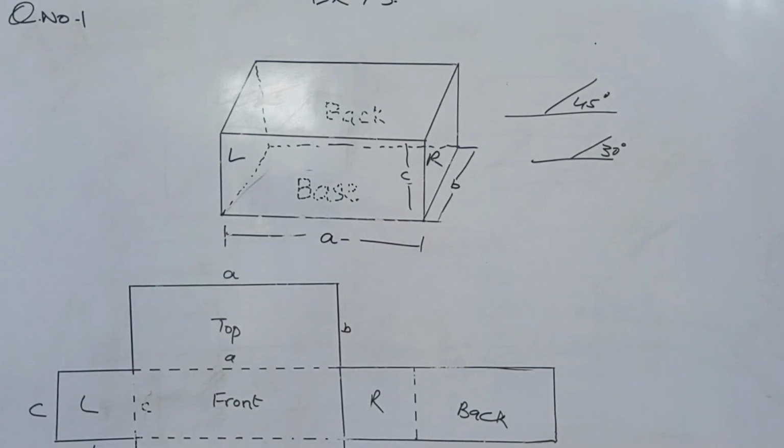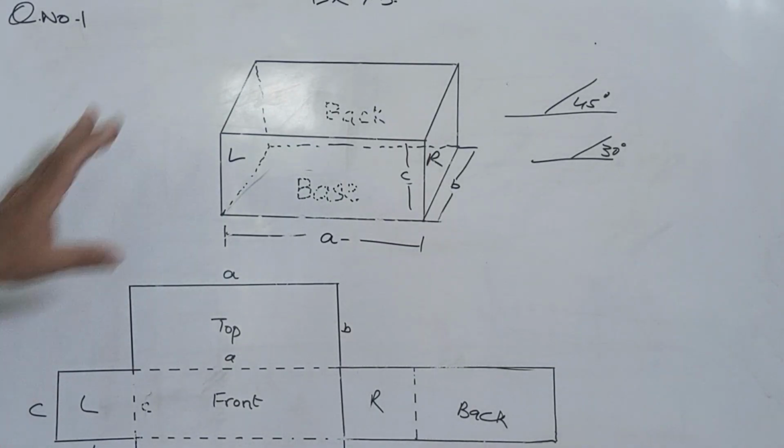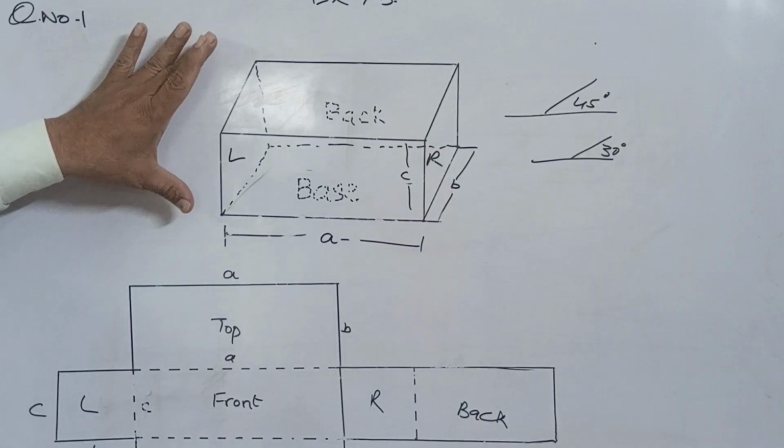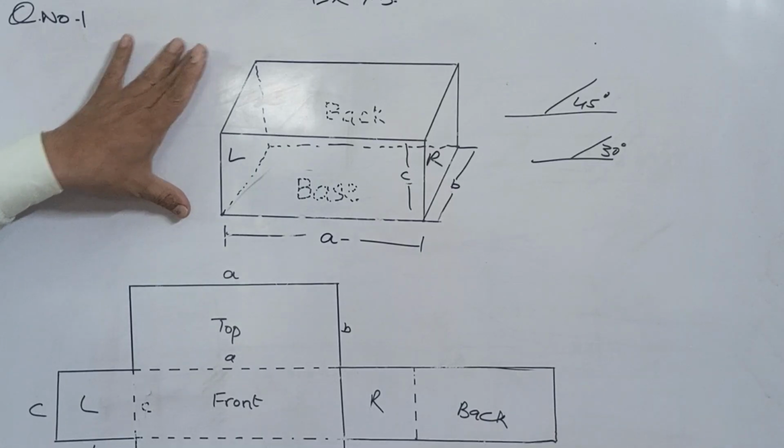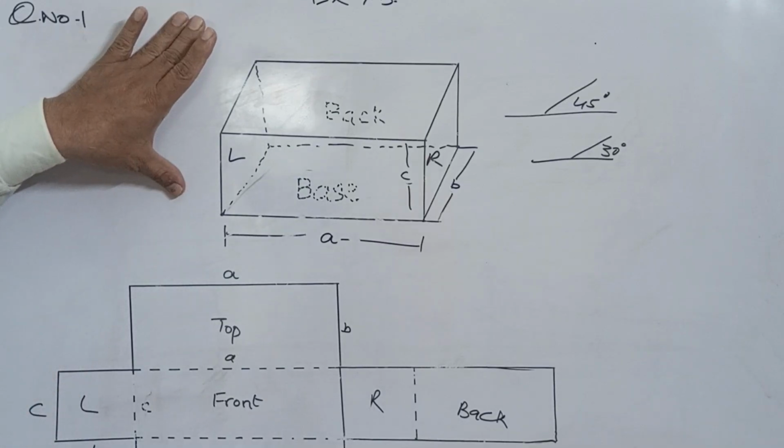Now we have completed all the 6 faces and we have opened this 3-dimensional figure into 2-dimensional figure. Now this figure is the net of this figure.